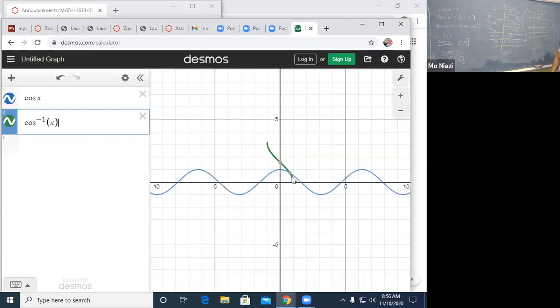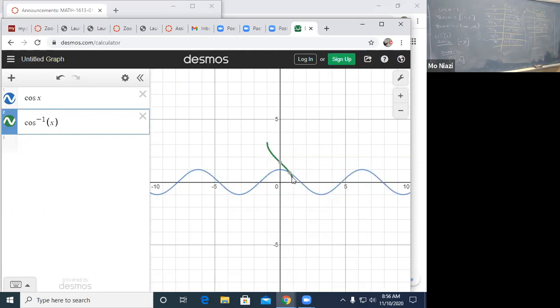Now what? Negative 1/2 would be negative, or cosine inverse of negative pi over 3. Yeah, the cosine inverse of negative 1/2 would be what?